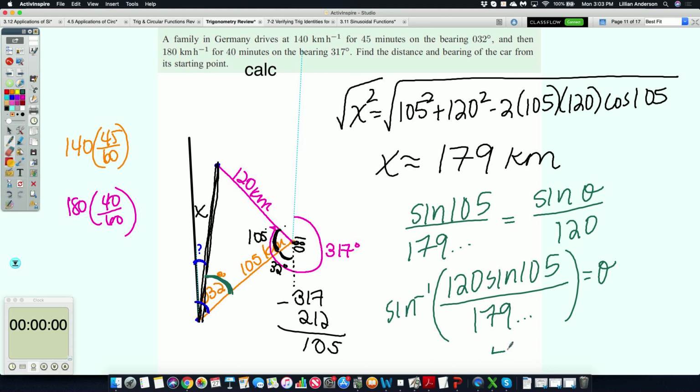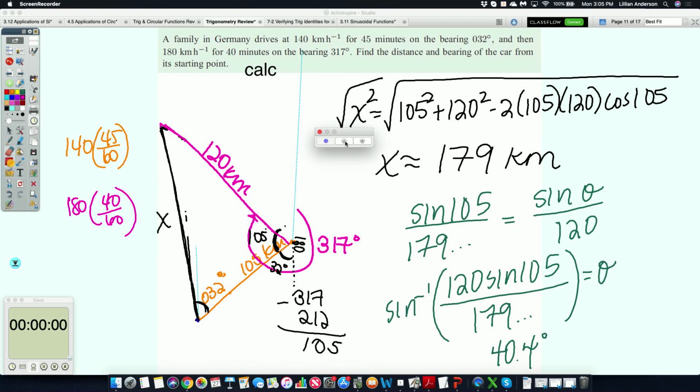Yeah, 40.4 degrees. So this lets us know that in this particular drawing, and let me fix it so you can have the visual. By fixing up this picture, we can see that the angle inside that triangle, where the opposite side is 179 kilometers, is actually bigger than that initial bearing that we had.